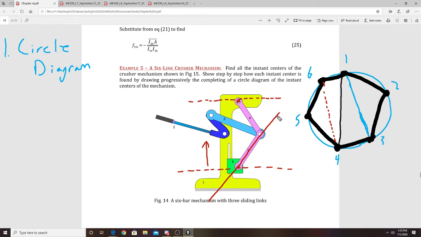And when you do that, and you extend this line out far enough, you end up with something like that. I know it's not drawn perfectly, but you get the point though. I64.